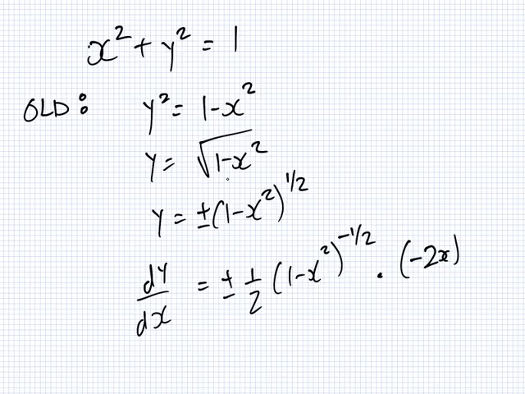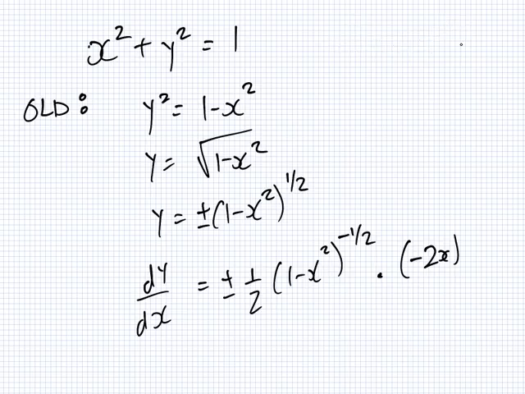And that's not too bad. But if I gave you something like this, x squared plus xy plus y squared equals 1, now all of a sudden trying to get that y by itself is too difficult. This is where implicit derivative can help.